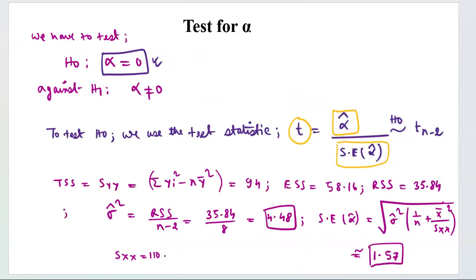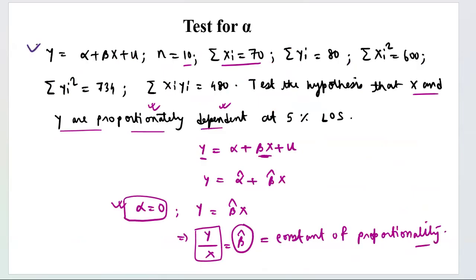So this was the question that we were solving, and these data are available to you. This is a two variable simple linear regression model. You wanted to test the hypothesis that X and Y are proportionally related or not. If X and Y are proportionally related, then this value has to be statistically zero, statistically insignificant, at 5% level of significance; we should have that alpha is 0.